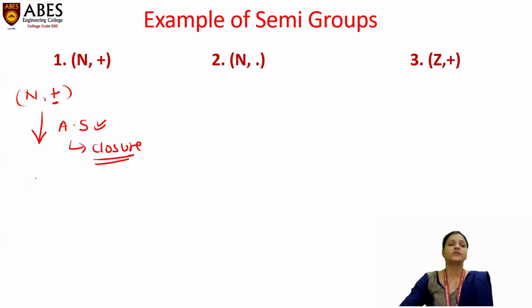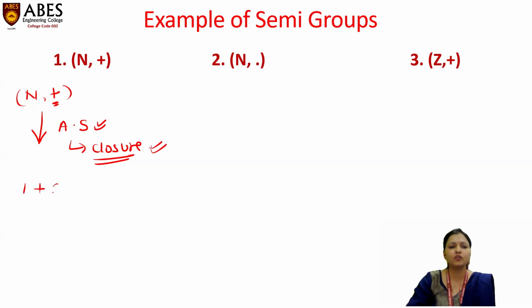Closure property says that if we add any two natural numbers, here the operation is addition, not multiplication, we will get a natural number only.